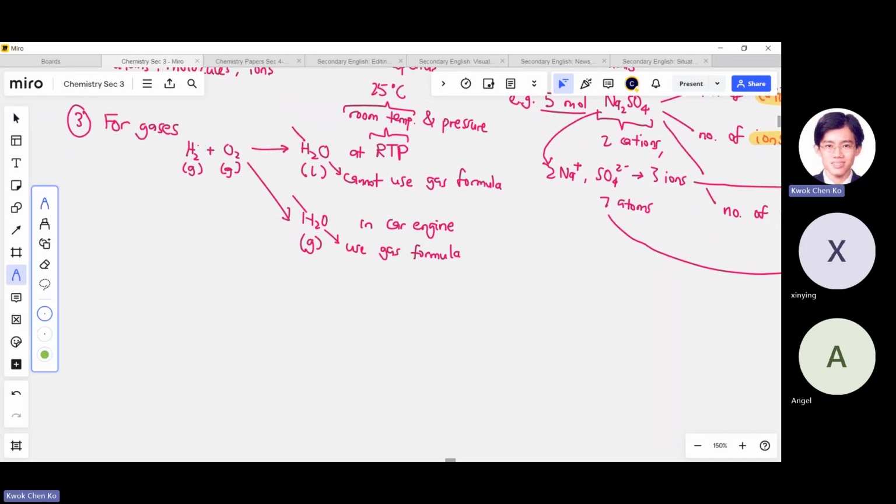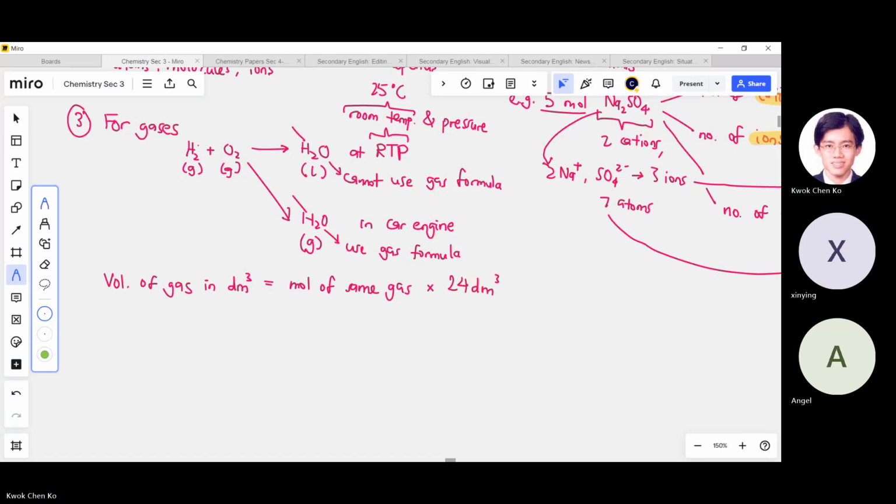Okay, back to the formula. Basically, volume for gas, and our fixed unit for this volume is dm cube. Don't mess up the units. Equals the mole of the same gas times 24 dm cube.